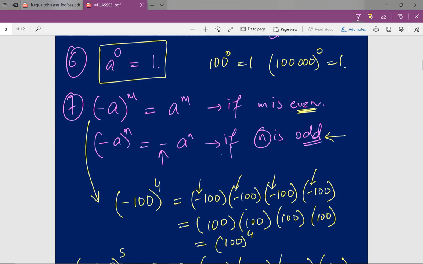But if minus a is raised to some even power, then because minus a would be multiplied an even number of times, all the negatives will cancel each other, like in this case that we have taken. This minus and minus would be plus. This minus and minus would be plus. I hope you have understood.